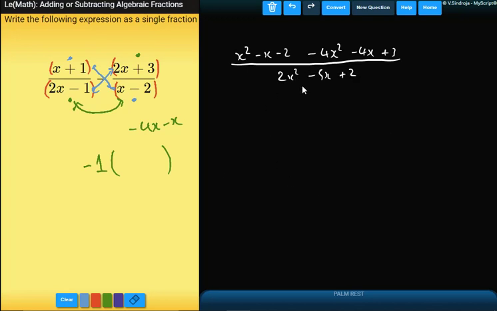Now on the top, what do we simplify? Well, x squared take away 4x squared is minus 3x squared, and minus x take away 5x is minus 5x, and minus 2 add 3 is positive 1, all over this.